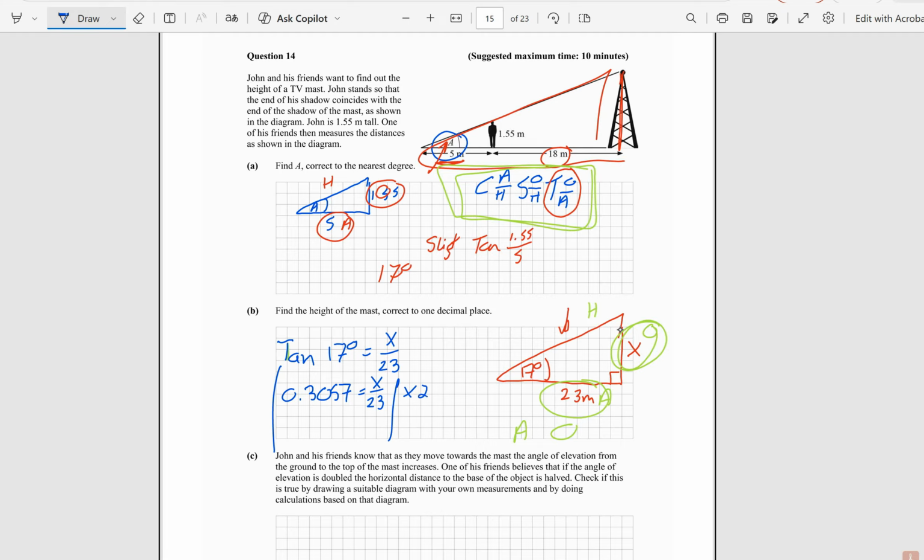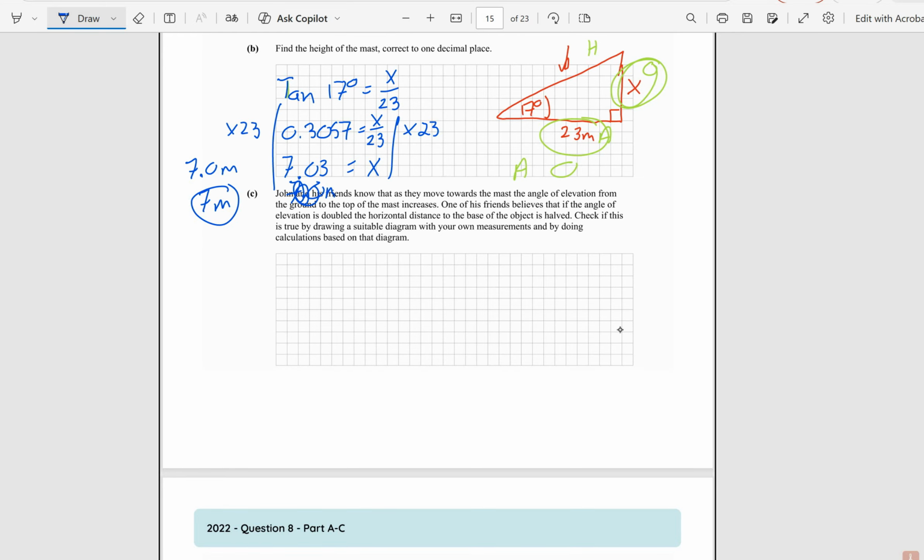If we multiply by the 23 on this side to get rid of it, and we multiply by the 23 on this side to get rid of it, we'll have x equals 0.3057 multiplied by 23, we get 7.03, and it is correct to 1 decimal place, so it's actually 7.0 meters. I know it's a bit messy. 7.0 meters, which is the same as 7 meters. Okay, we'll keep going.